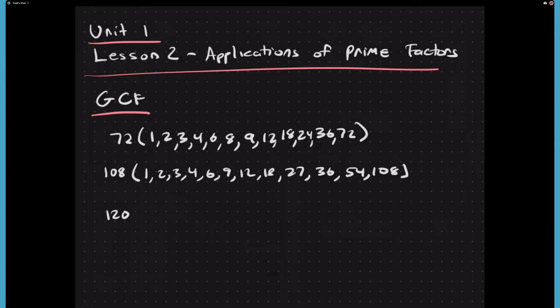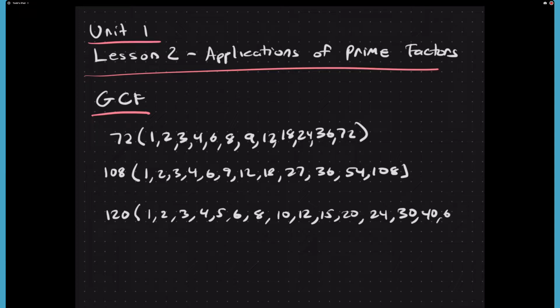And the factors of 120, there are a lot of them: 1, 2, 3, 4, 5, 6, 8, 10, 12, 15, 20, 24, 30, 40, 60, and 120.